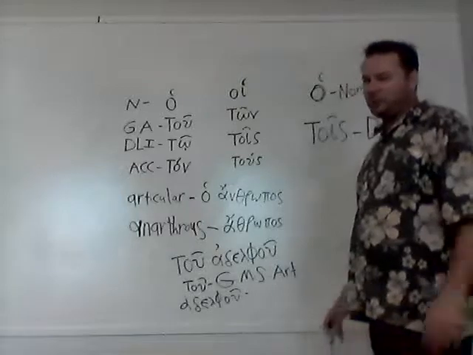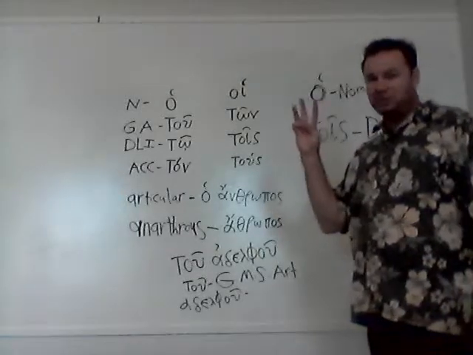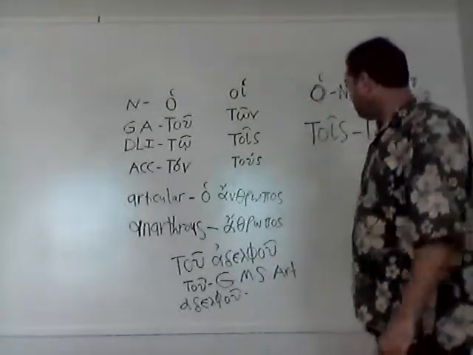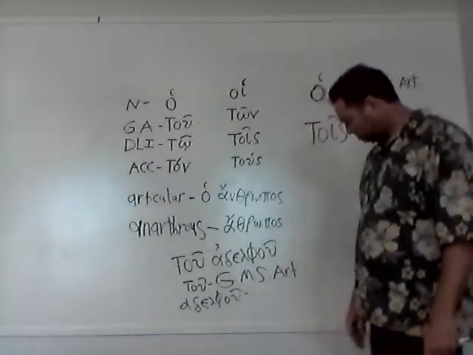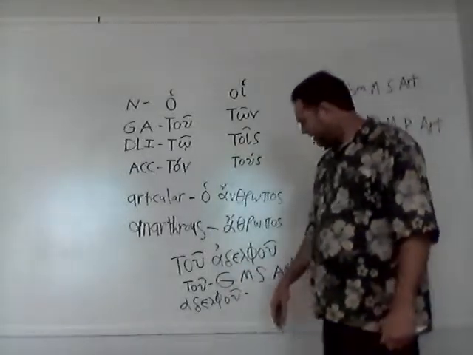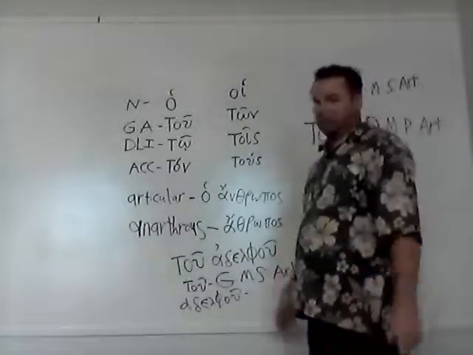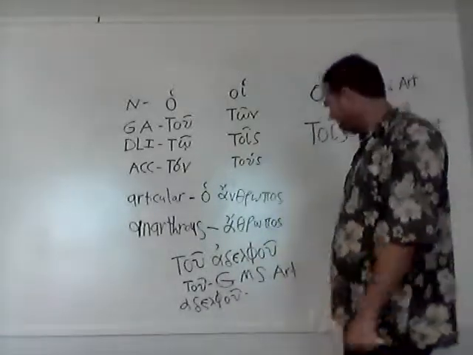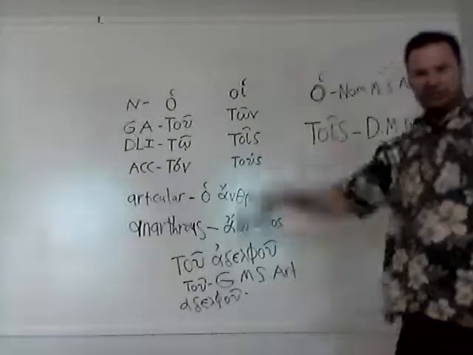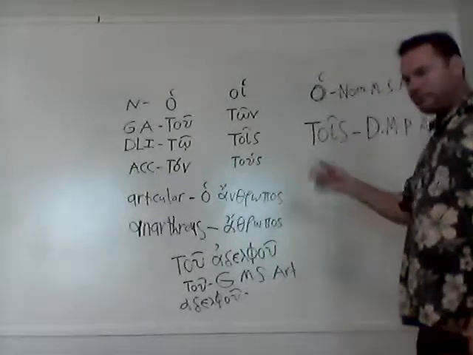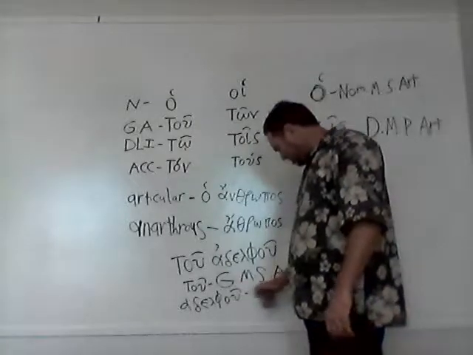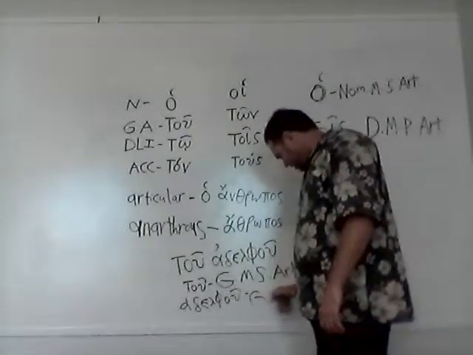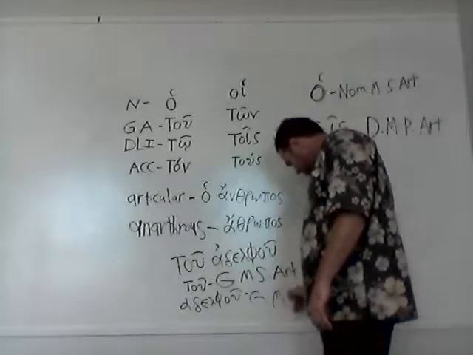It's not allowed to have its own opinion on 3 things that it has to agree with the article on. It has to agree with the article in case, gender, and number, which means that if the article is genitive, masculine, singular, the noun also has to be genitive, masculine, singular.